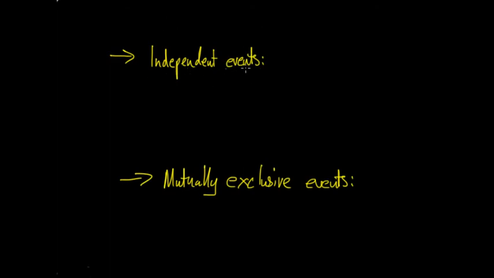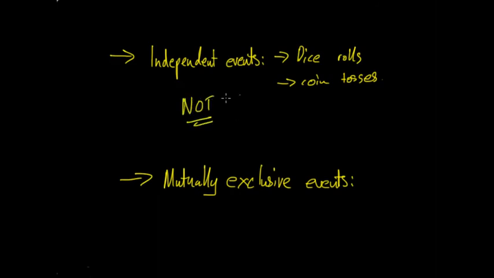An example of independent events, before I give any mathematical definition, are dice rolls and coin tosses. Independent events are when the outcome of one of the trials, one of the dice rolls, one of the coin tosses, does not affect the outcome of another one.